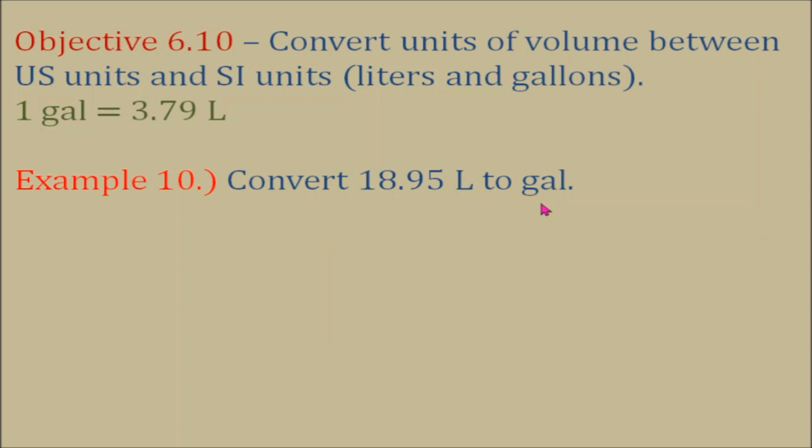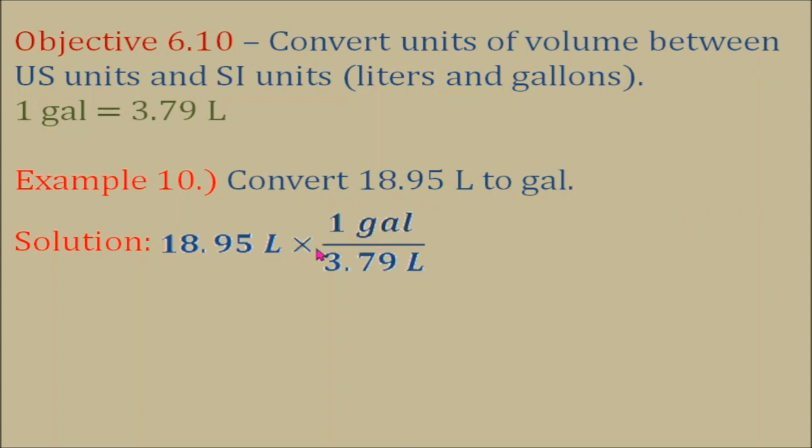Example number 10. Convert 18.95 liters to gallon. So for our solution, we are going to write down 18.95 liters and multiply it by a conversion factor showing the unit liters on the denominator.